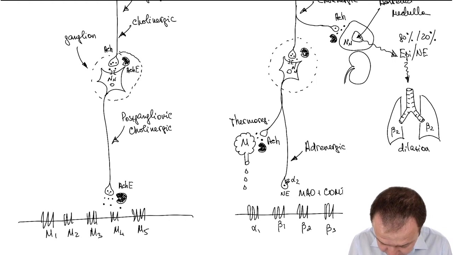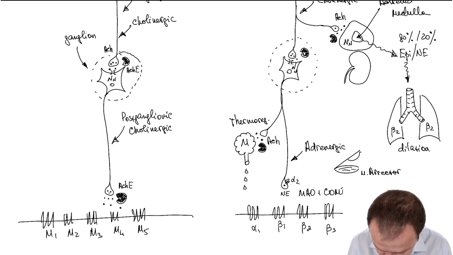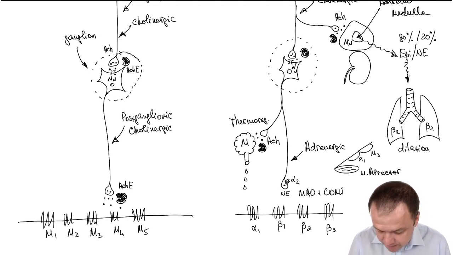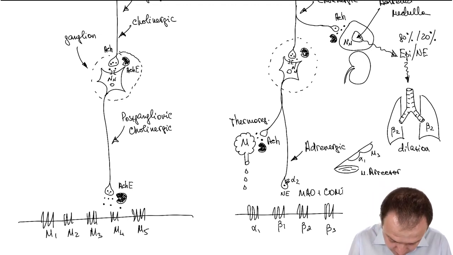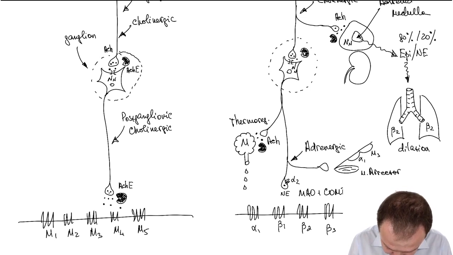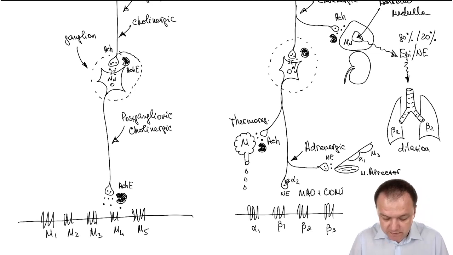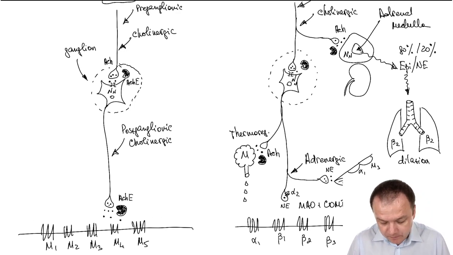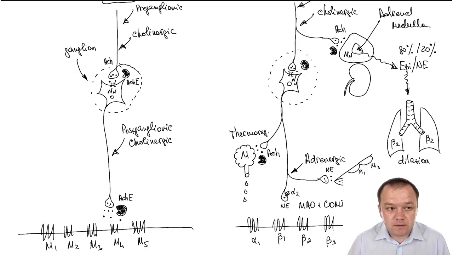So I would like to put the arrector pili muscle here, and show two types of receptors, the alpha-1 receptors and M3 receptors. More norepinephrine is responsible for innervation of the arrector pili muscle than acetylcholine. Just keep in mind that. Okay, next.